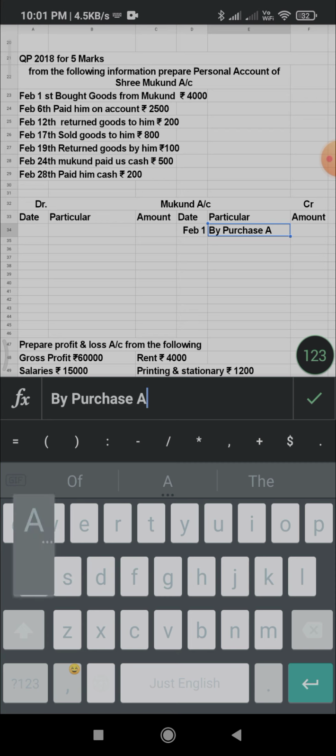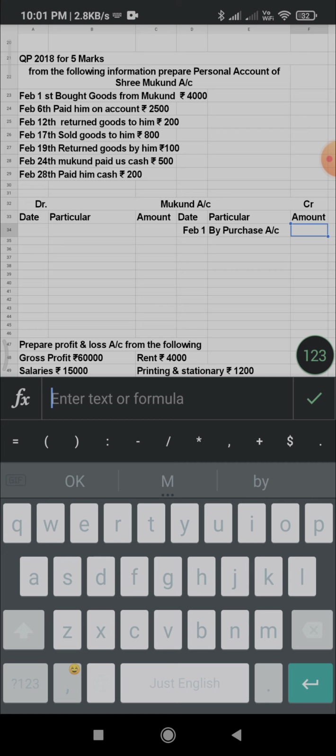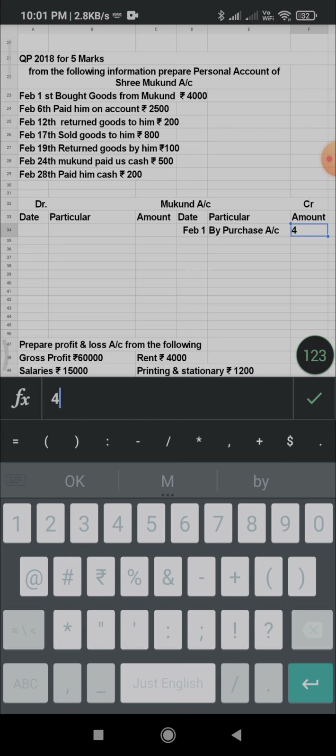What is the amount given here? The amount is 4,000. So for the first entry, bought goods from Mukund, the journal entry is purchase account debit, Mukund account credit. Now on the Mukund account credit side we have written "by purchase account".